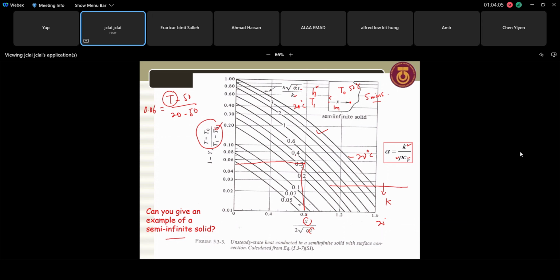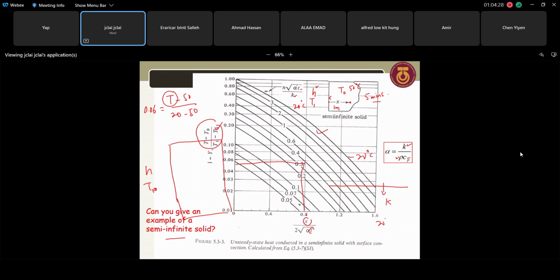Another example of a semi-infinite solid is a very thick wall. The wall is exposed to H and T1, a surrounding temperature with a certain convective heat transfer coefficient.